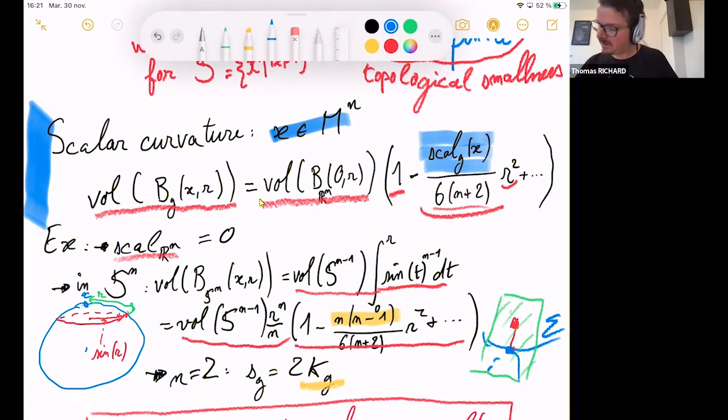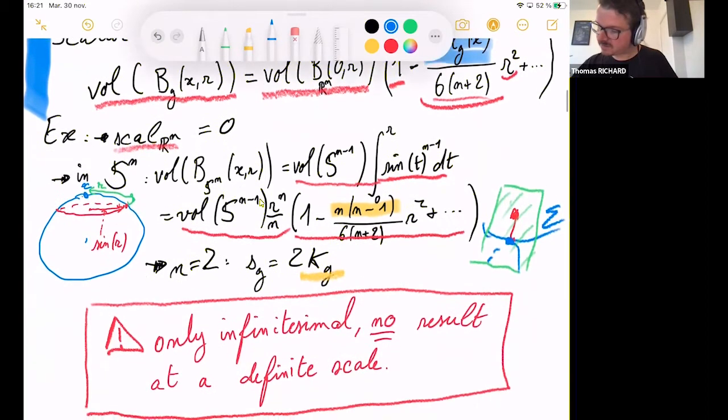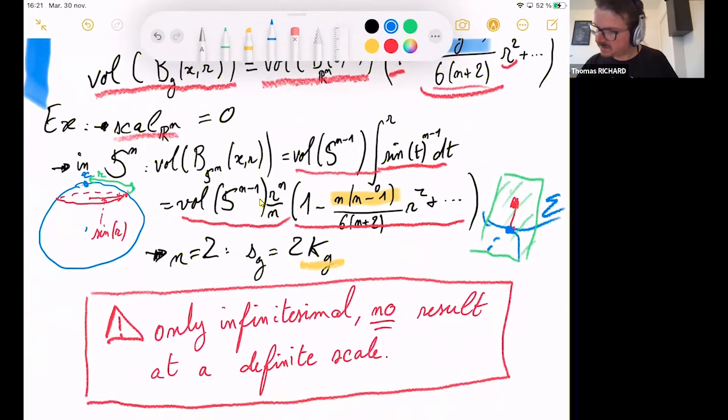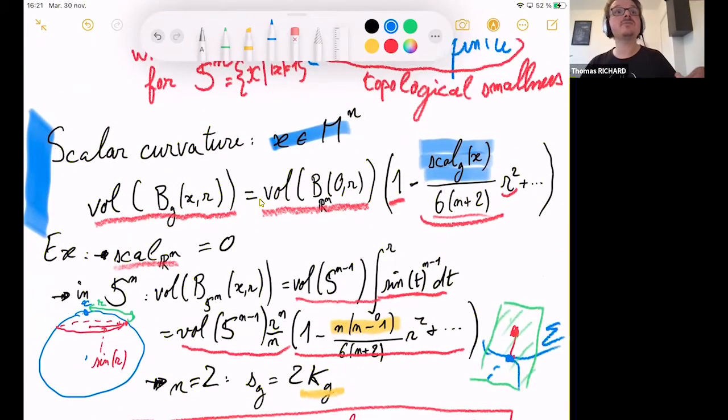Okay, so this first definition kind of tells you that if you have big scalar curvature, then your balls will be significantly smaller than what they are in the Euclidean space in some sense. However, it's only in the infinitesimal sense.